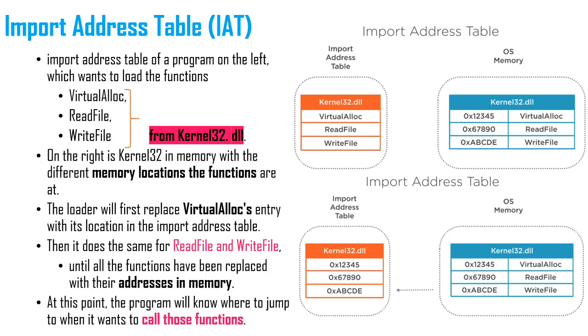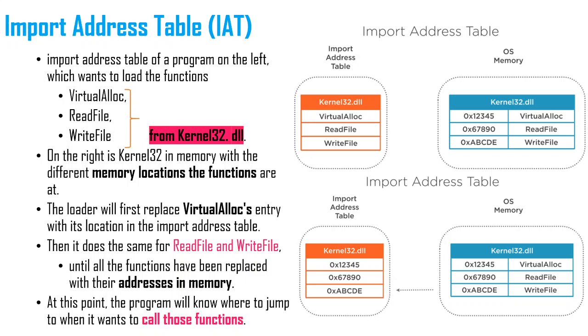Continuing with the import address table of a program, on the left I have given an example. On the left-hand side, in orange, is the import address table of a particular malicious file. It needs kernel32.dll for executing that malicious file.